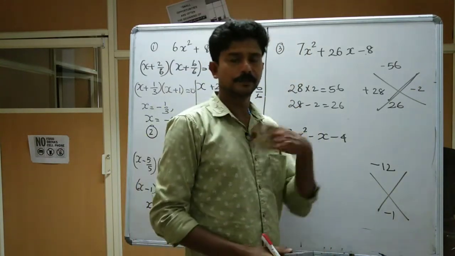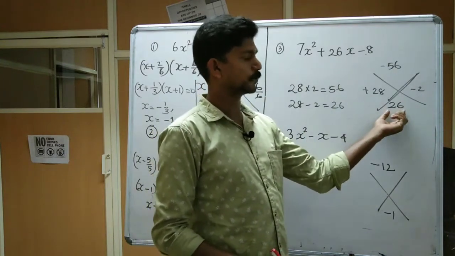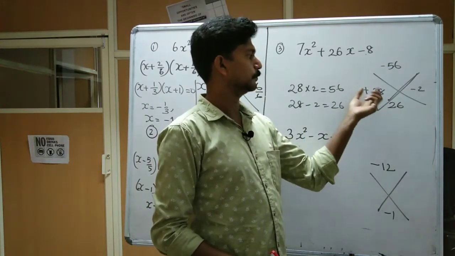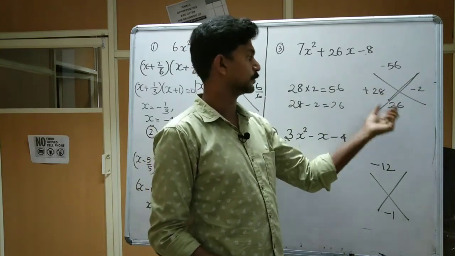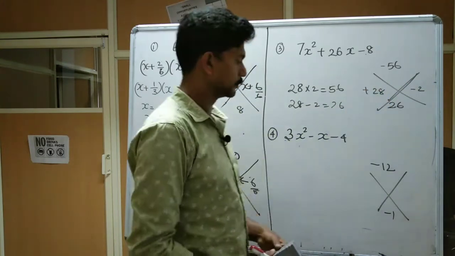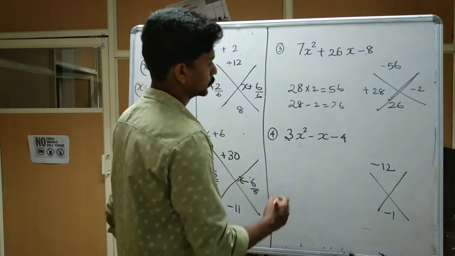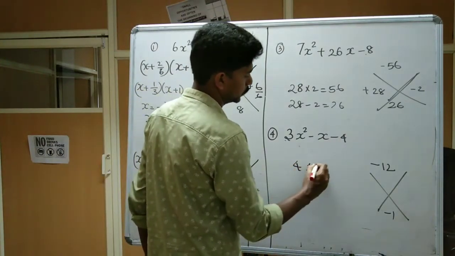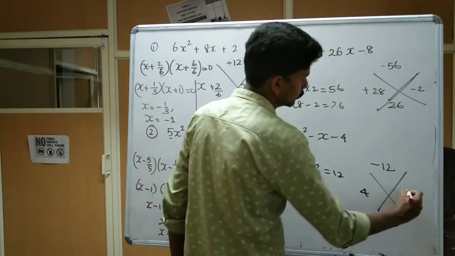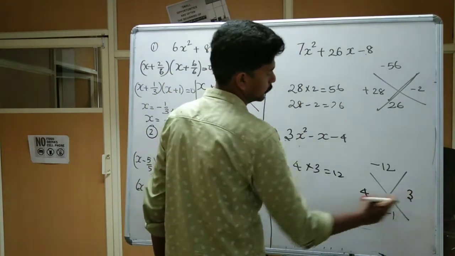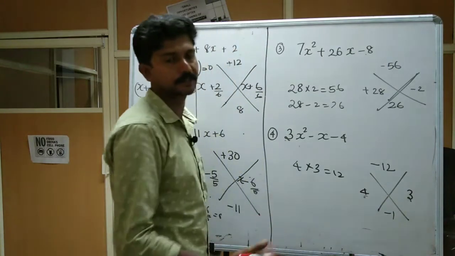Another way of thinking: if the sum is positive, then the greater number of the plus and minus pair gets the plus sign. Let us see for this one. We know that 4 into 3 is 12. So we take the factors 4 and 3, because the difference of these two is 1, 4 minus 3 is 1.